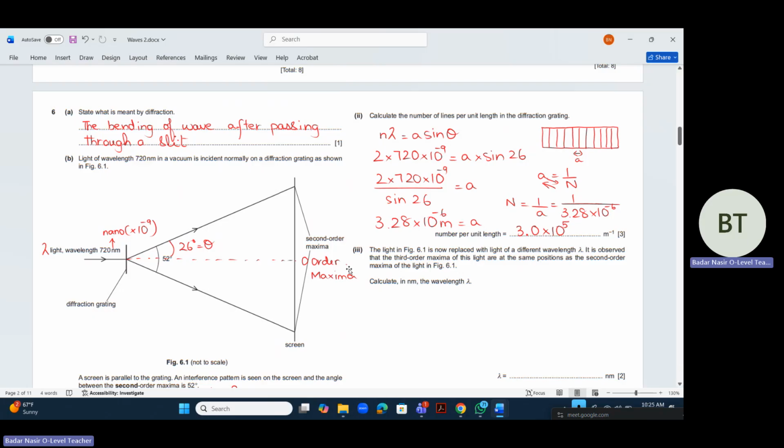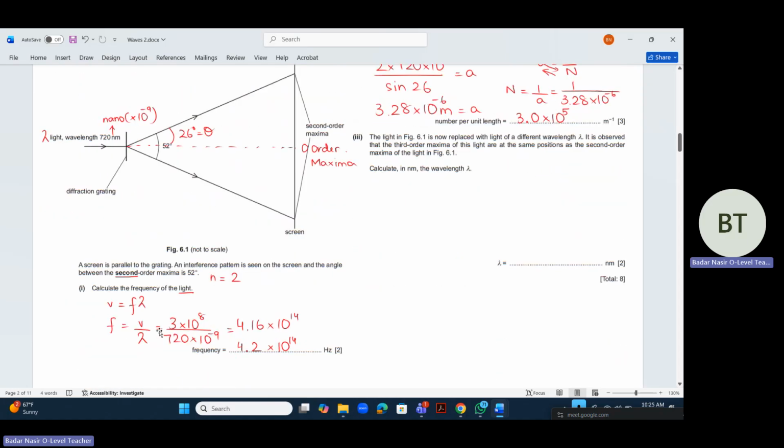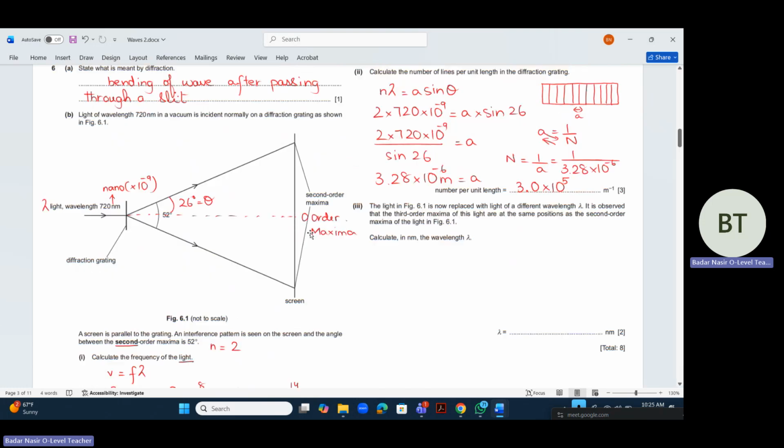So first part was simple. हमें light की speed और wavelength पता थी. We had to find out the frequency. We use the formula V is equal to F lambda. F is equal to V over lambda. You put the values in the expression. You got the answer.